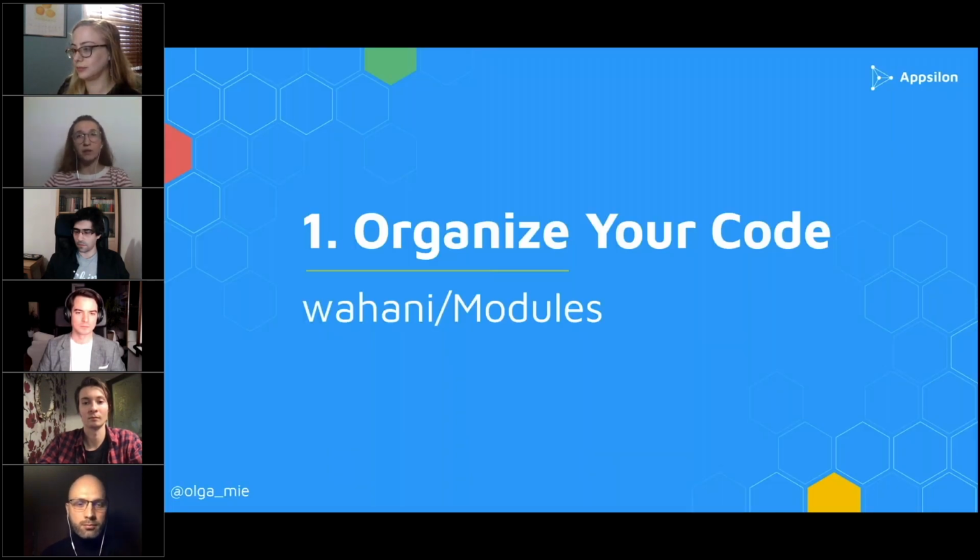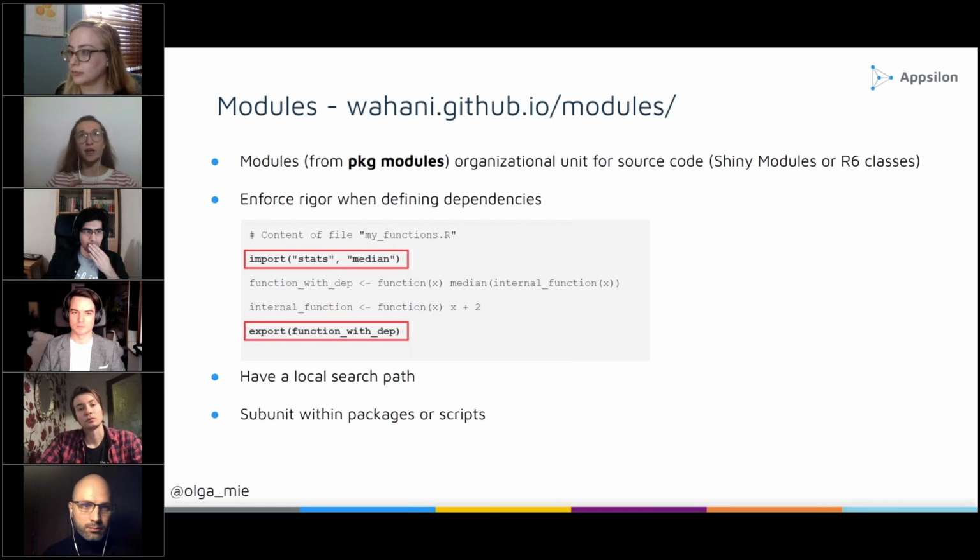The first option is to use modules from Appsilon, and I would like to avoid some confusion with Shiny modules. The modules I'm going to talk about right now are something completely different from Shiny modules. The modules are the organizational unit for the source code, and they can contain Shiny modules or R6 classes or just functions you define.